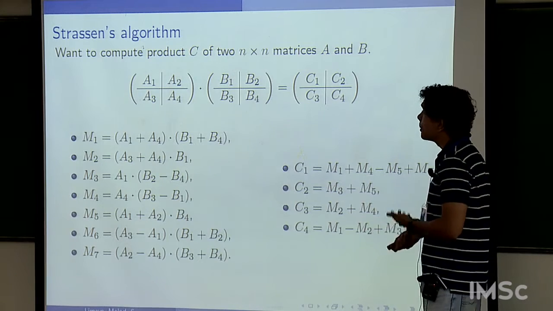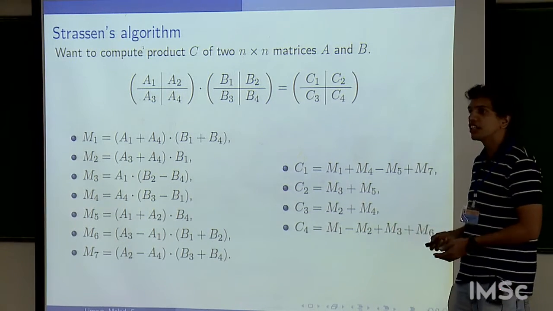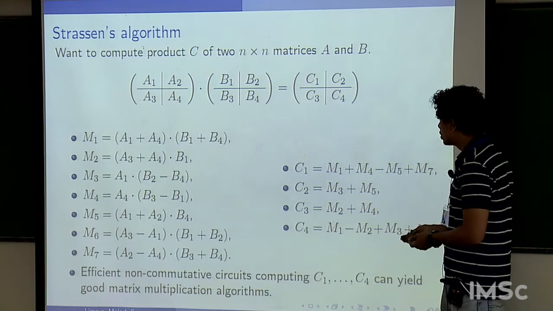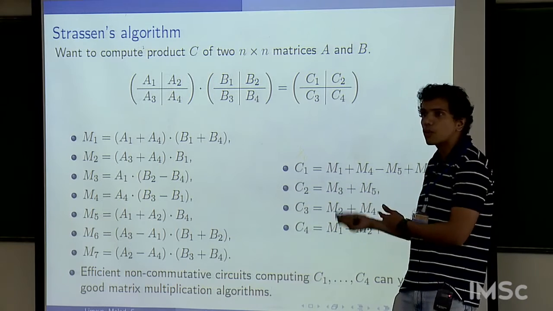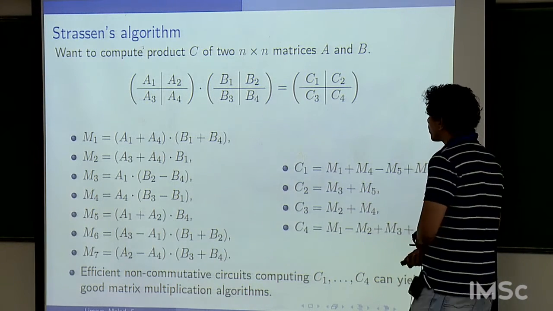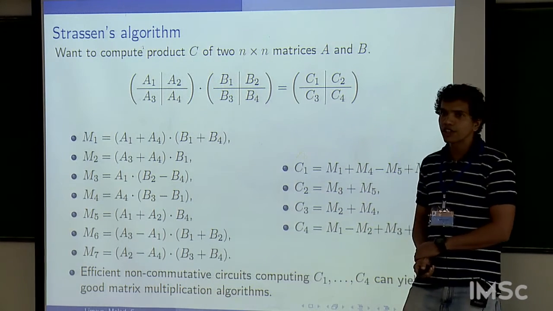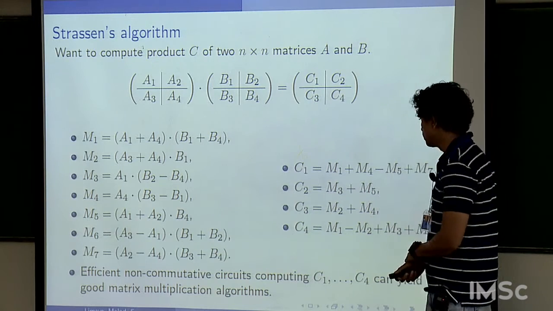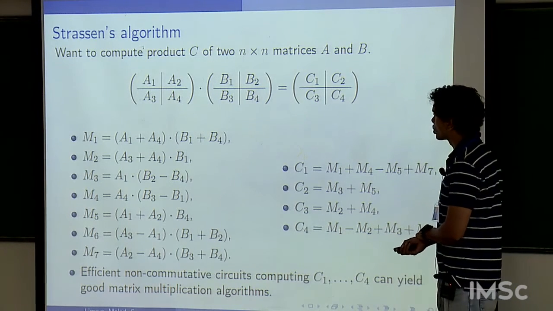But you can imagine that improved non-commutative circuits, let's say over 100 by 100 matrices or something, can give you a better algorithm. So this is one reason to study non-commutative computation, irrespective of whether you're working over a problem that's purely defined over a non-commutative domain. Even when you want to multiply matrices over field elements, it's interesting to look at non-commutative circuits for something. All right, so this is one reason to look at non-commutative circuits.